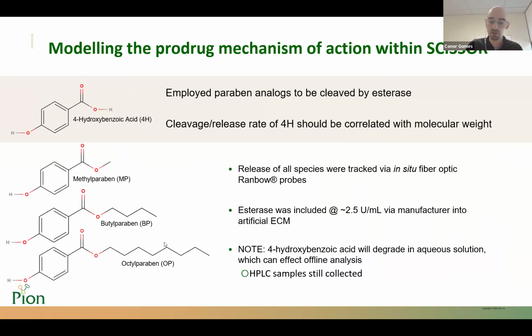I want to point out that octoparaben has this 8-carbon chain, which will mean it will largely be insoluble in aqueous media, and that's what we saw on benchtop. So notably, if there's any release of octoparaben going forward, we know that our enzyme's active in it, and it may be a good molecule to see how much activity you can get when you are simply doing a strict insoluble to soluble transition.